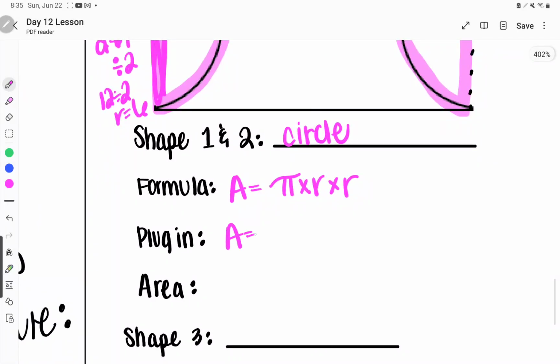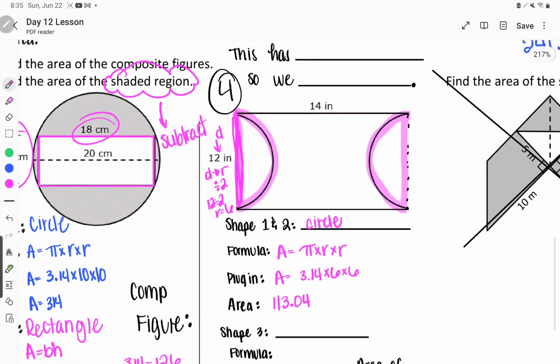When I plug this in, I would do pi, which is 3.14, times my radius, which is 6, times my radius, which is 6. And that's going to end up giving me 113.04. Okay, then we have our rectangle.